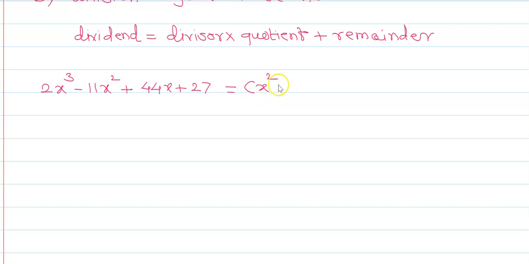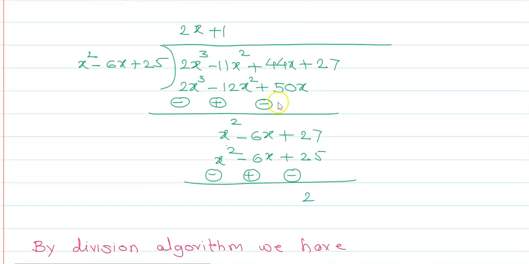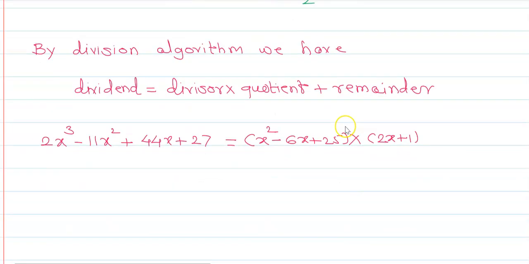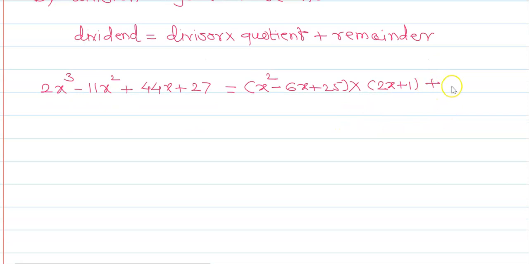And what about the quotient? Quotient is 2x plus 1, and the remainder is a plus 7.